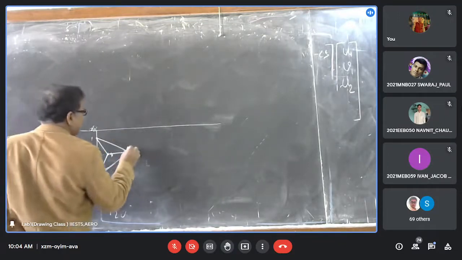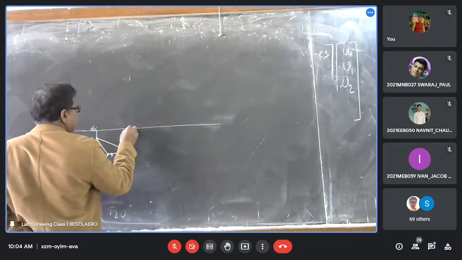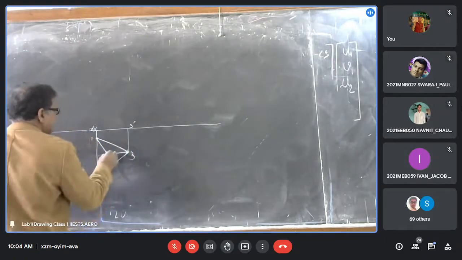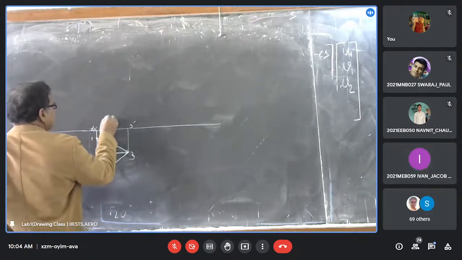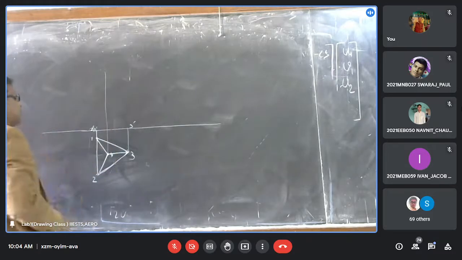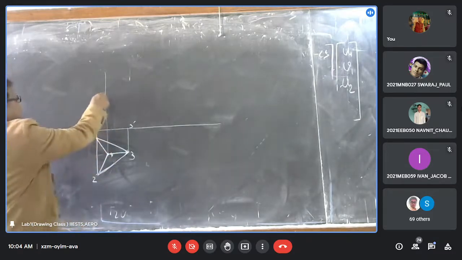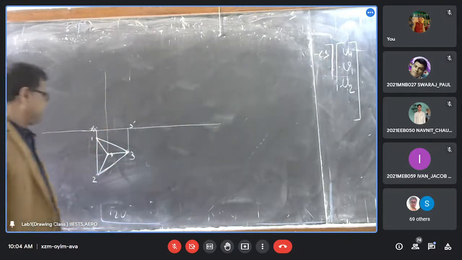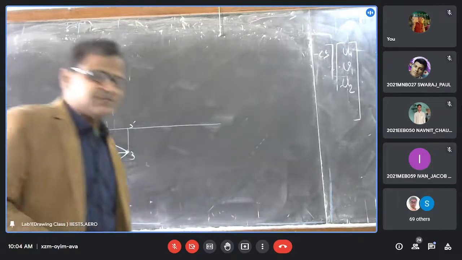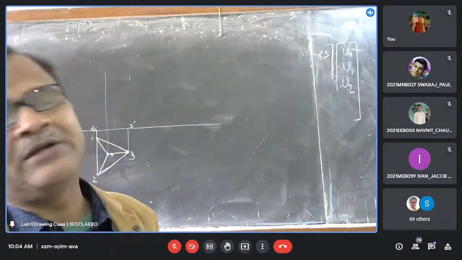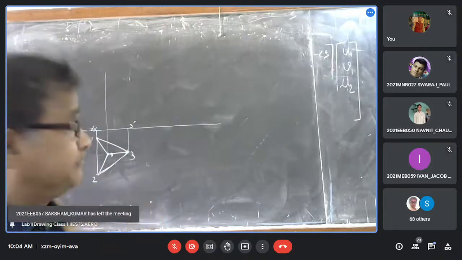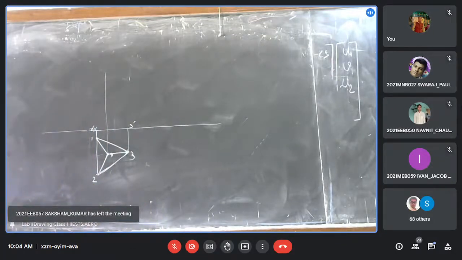And 3, is it ground or air? Ground. 3 dash. And this is 4, is it ground or air? Air. Then how do we locate the position of 4 on that line? The only given data is a tetrahedron having 50 millimeter sides. Tell how to locate that point in the air.